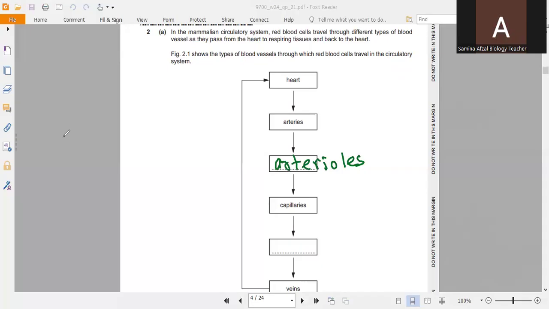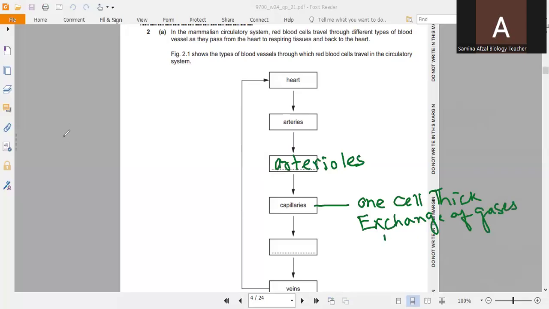Then the capillaries join together, because capillaries are only one cell thick. So exchange of gases takes place over here, because oxygen has been provided to the body and carbon dioxide enters into the capillaries.